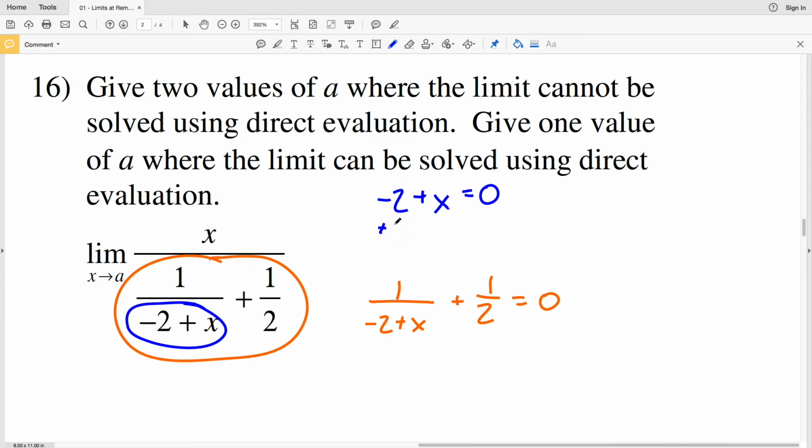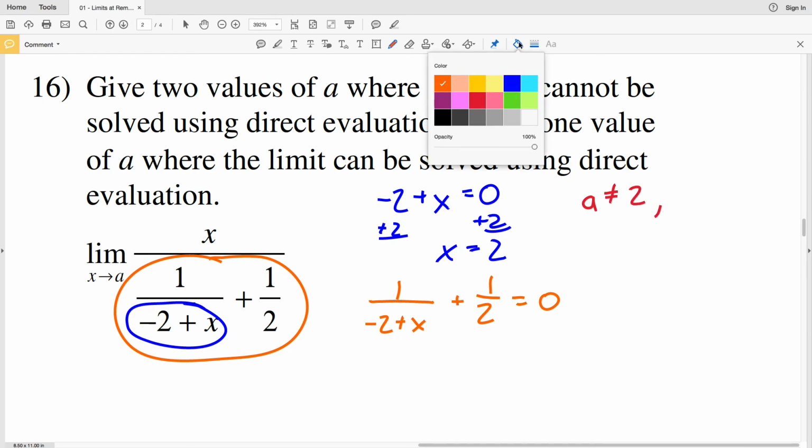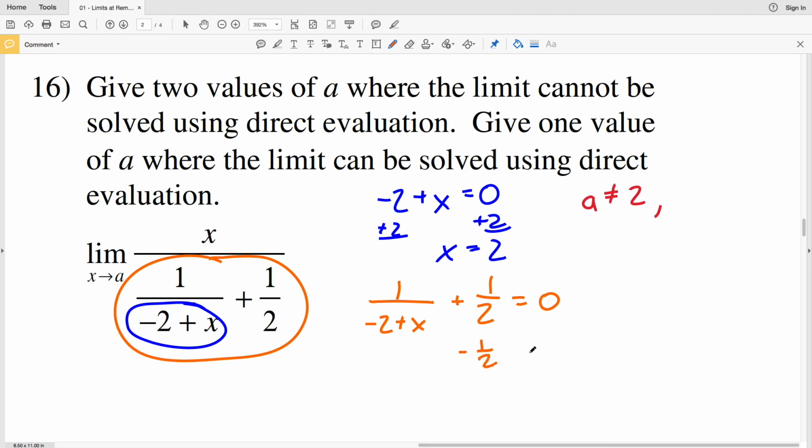So let's solve. I'll add 2 to both sides in this first equation to get x equals a positive 2. We know that the limit when x equals 2 cannot be solved, so a cannot be equal to 2. It also cannot be equal to another number. So for this, I'm going to subtract 1/2 from both sides to get 1 over -2 plus x equal to -1/2.